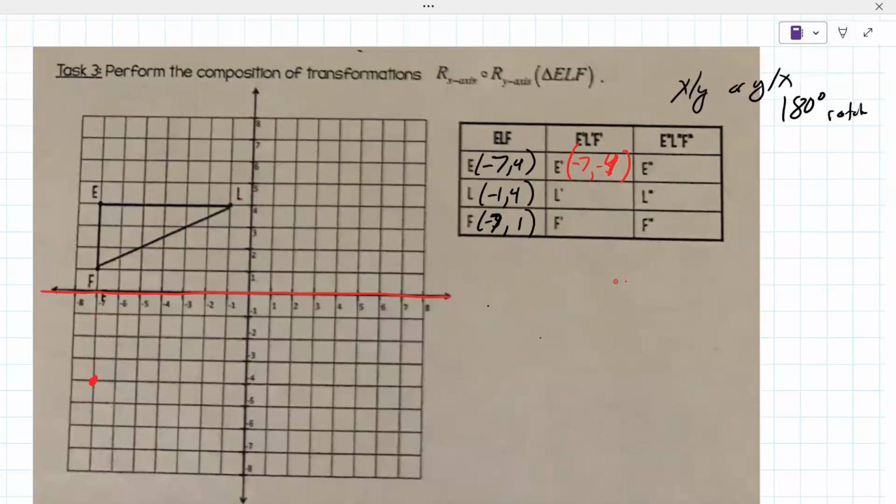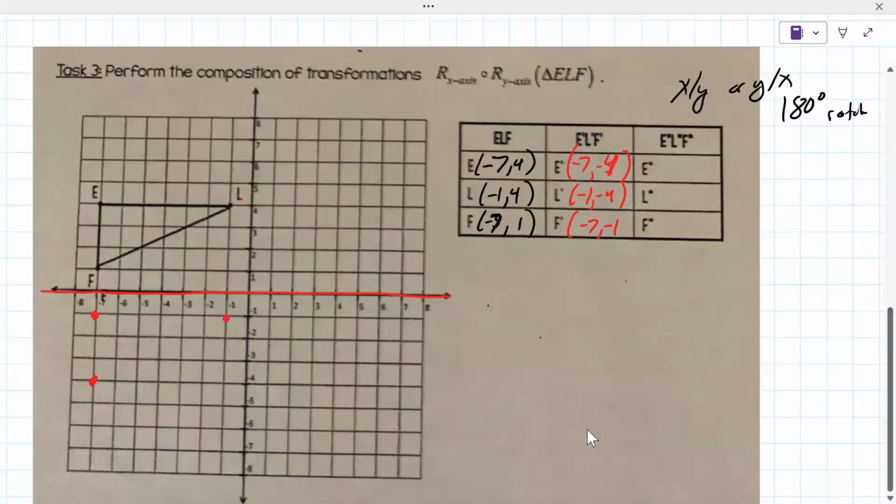Okay, so L is -1, -4, and F is -7, -4. Good. Wait, hold on. Or do I have these mislabeled? Nope. Yeah, -7, -1.